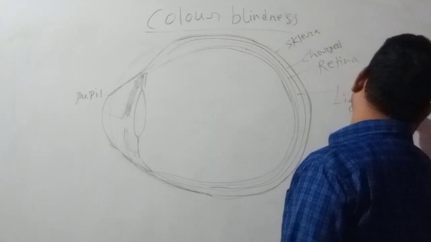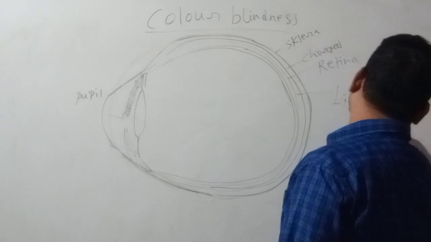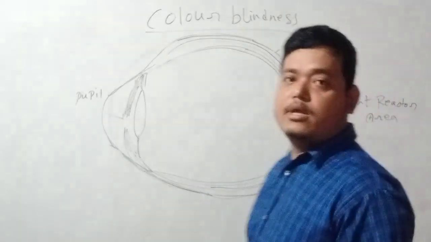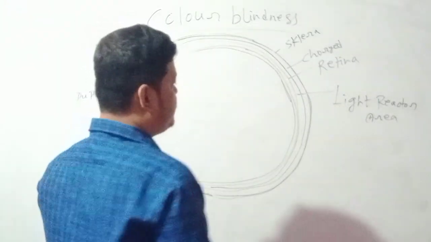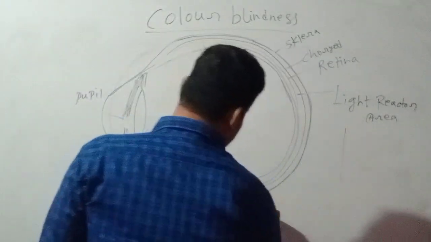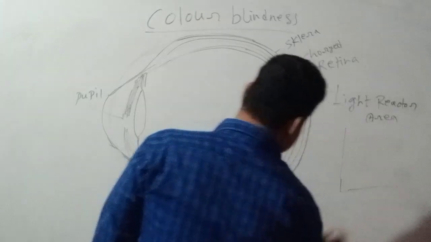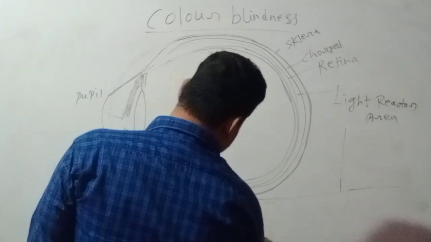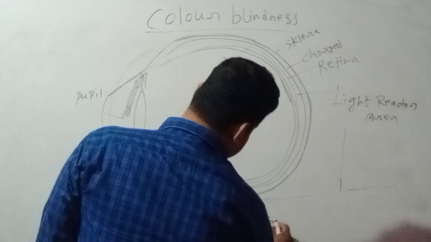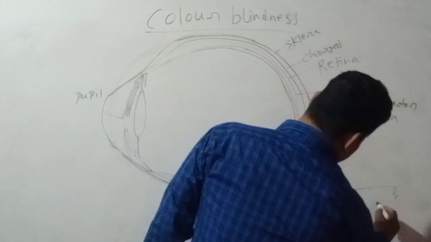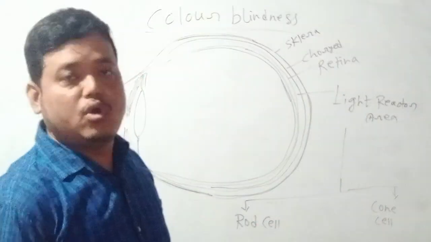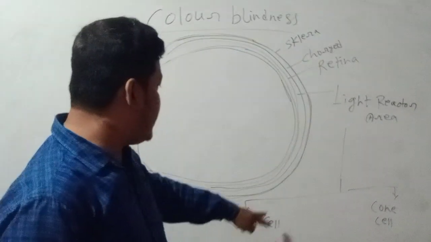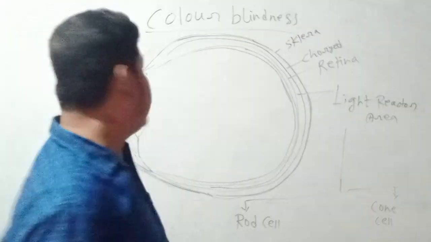In the light reactor area there are two types of cell. One is called rod cell, and another is called cone cell.